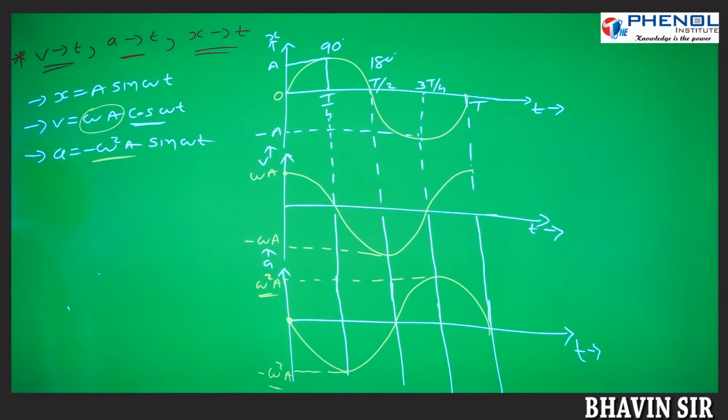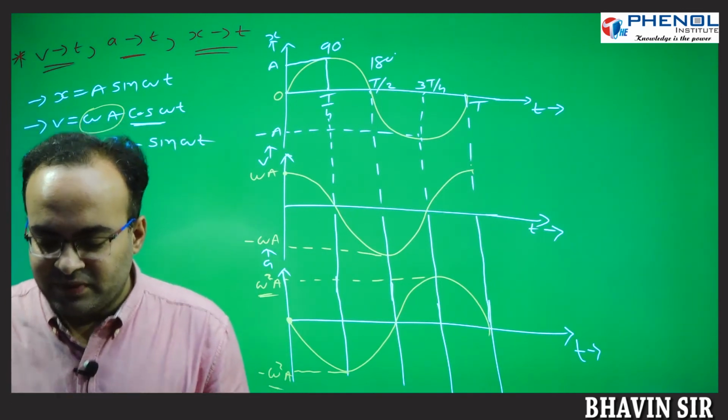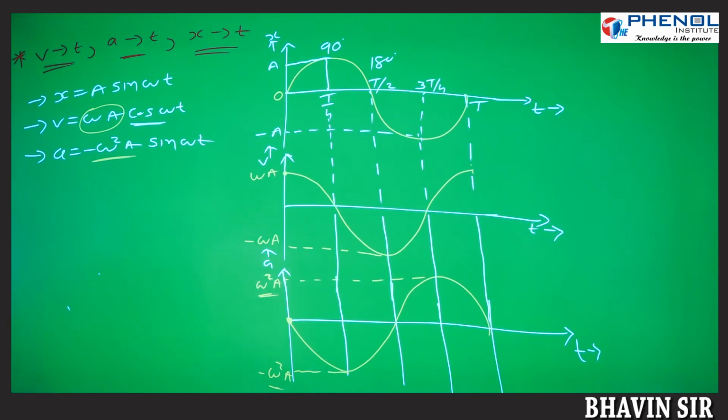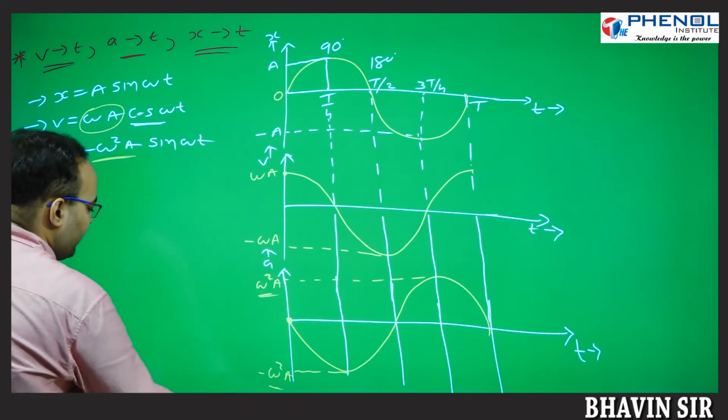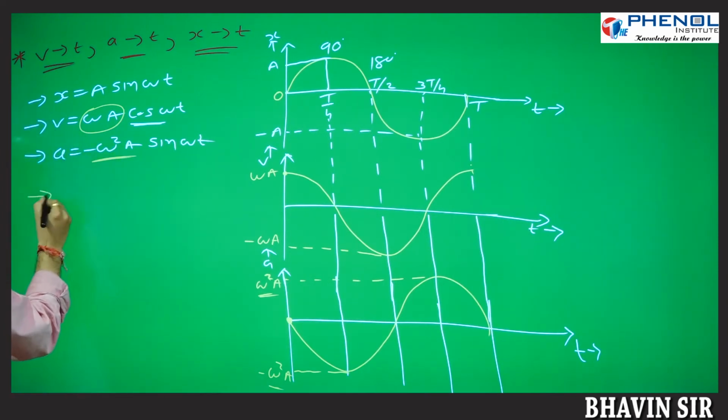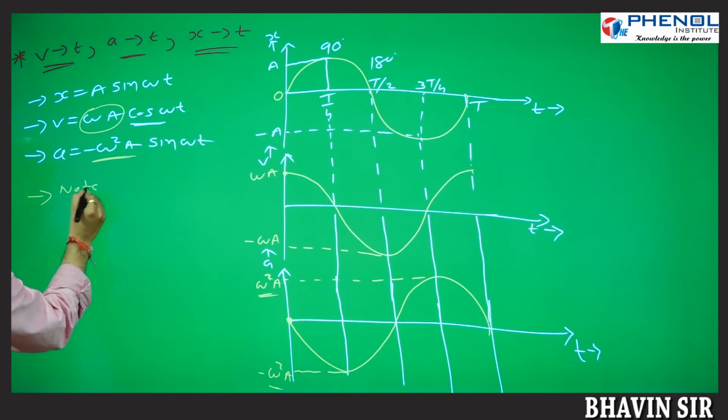Okay, so these are the graphs of displacement versus time, velocity versus time, and acceleration versus time. Now students, from these graphs we can note 2 points. What is the first note?